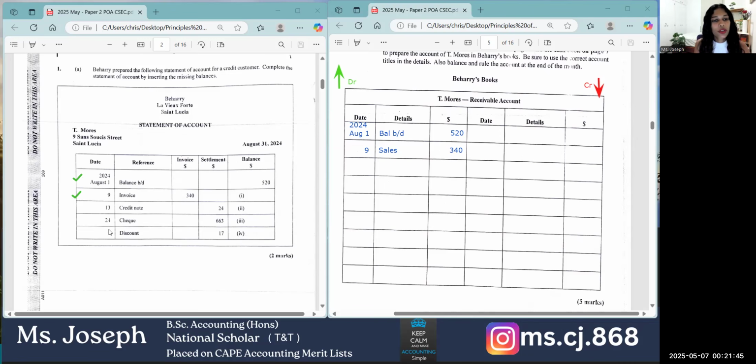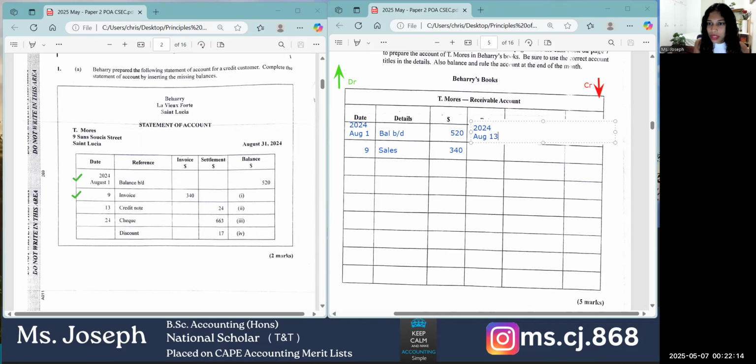Next up, we have the credit note. Remember, we, the supplier, will issue the credit note when we receive goods that are returned to us to acknowledge that we will be giving a refund or allowance for the goods that are returned. So less money is going to be owed to us. I'm going over to the credit side.